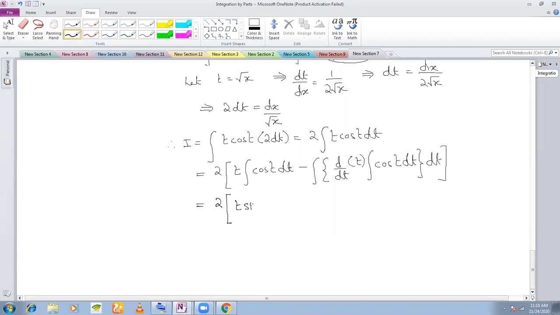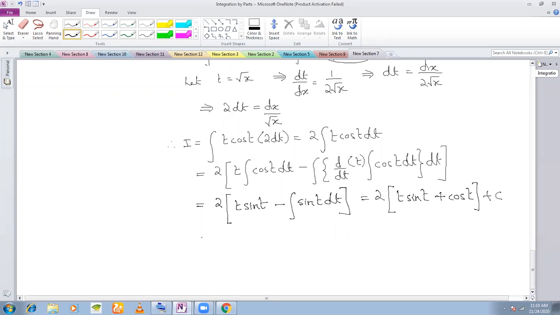Twice t sin t minus integral of d dt of t, which is 1, and integral cos t is sin t dt, which is twice t sin t, and integral sin t is minus cos t, so it becomes plus cos t plus c.